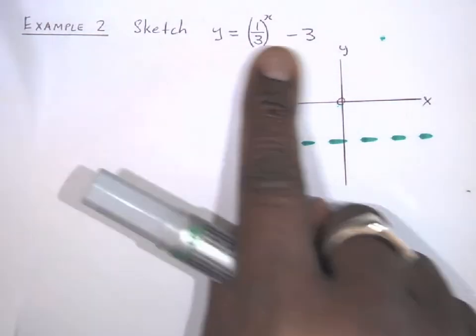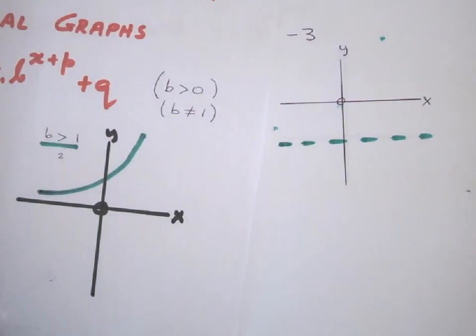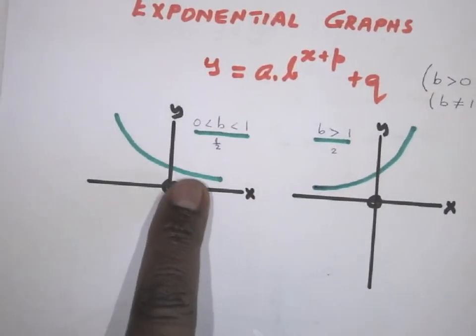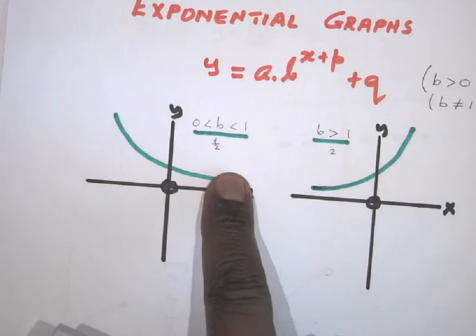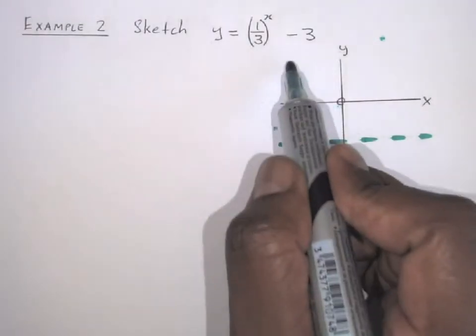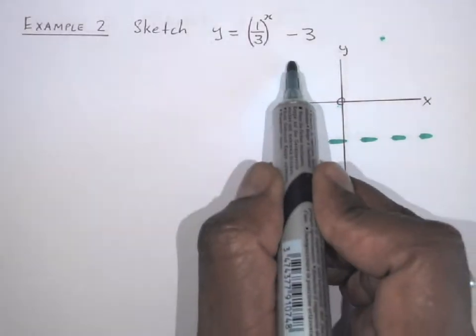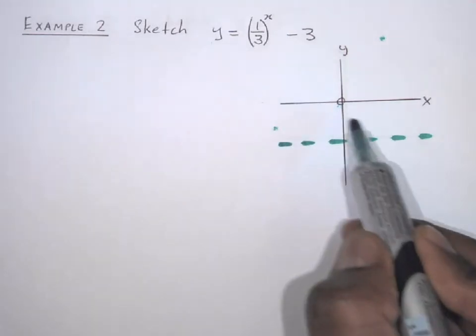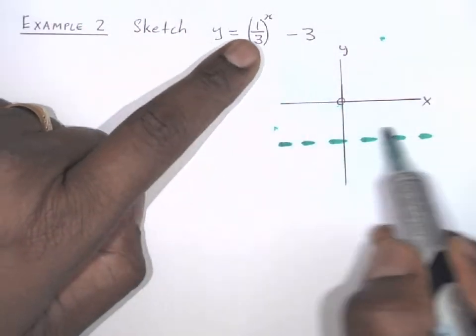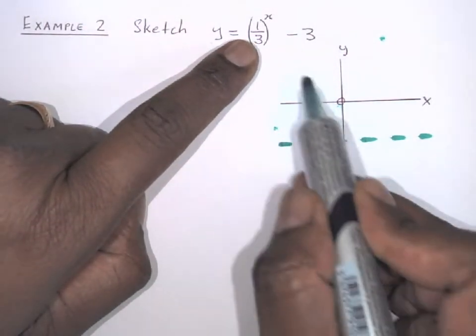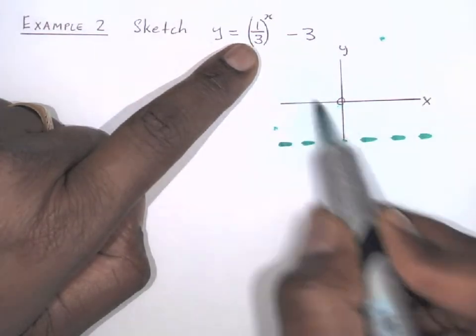We said if the b value is between 0 and 1, the graph will look something like this. So our graph will be coming somewhere like this, which means it will cut the x-axis, but I don't know where it will cut the x-axis. I also don't know where it cuts the y-axis.